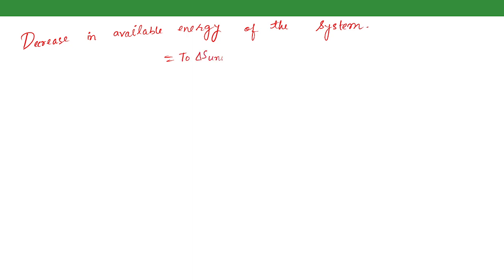So from the Gouy-Stodola theorem, the decrease in the available energy is T naught times delta S universe, or equivalently the entropy generation of the system.